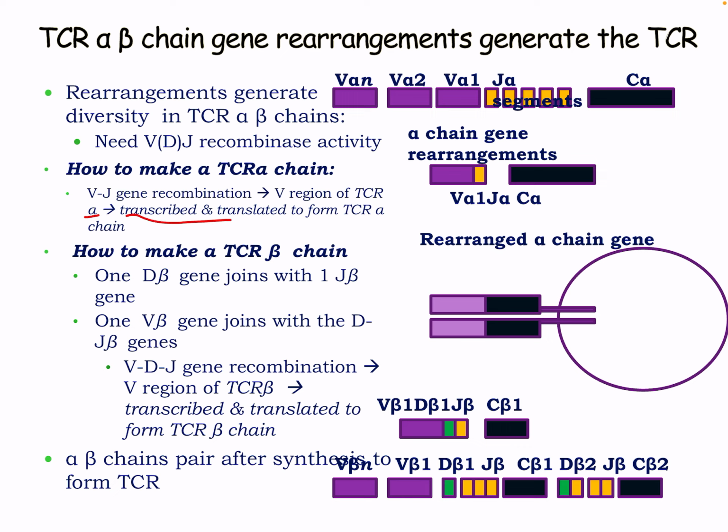This will be transcribed and translated to form the T cell receptor alpha chain. For the beta chain, one D beta gene joins with one J. The variable beta genes join with the DJ genes. Then we get our VDJ gene recombination, and then we have our T cell receptor beta. This is, again, transcribed and translated to form the T cell receptor beta chain. The alpha beta chains pair after synthesis to form the T cell receptor.